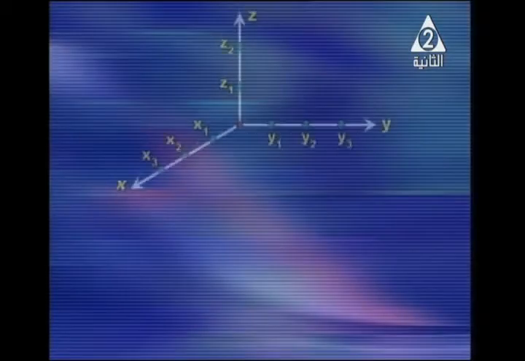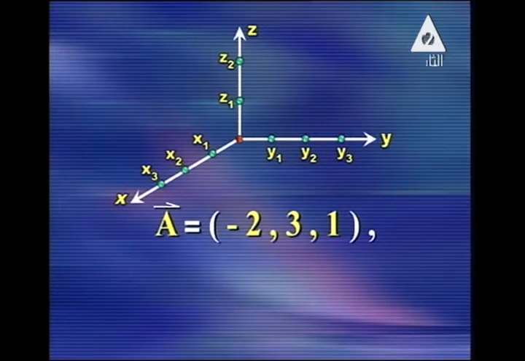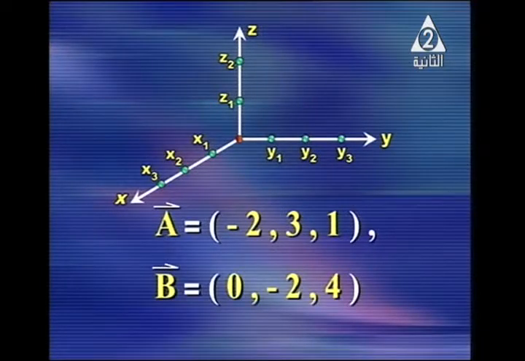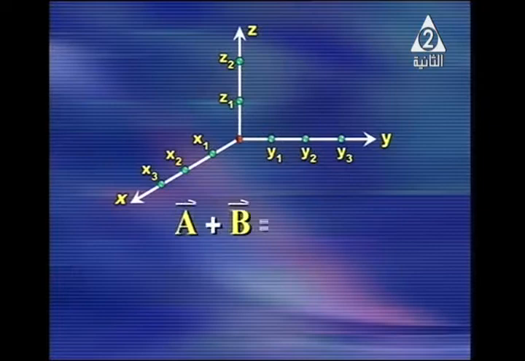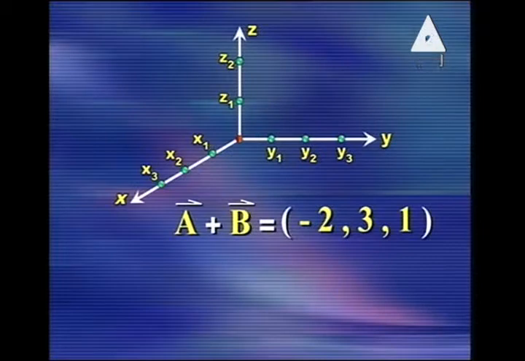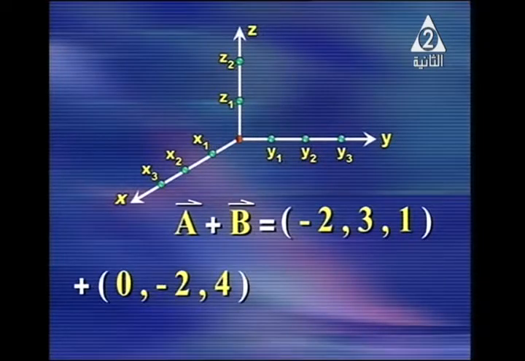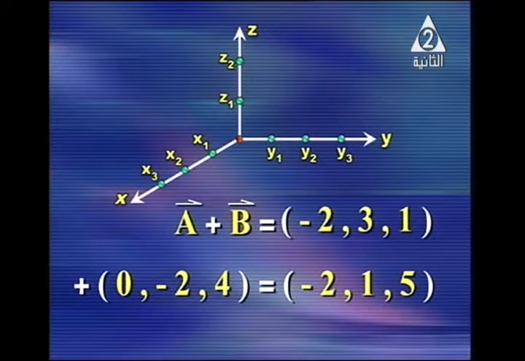Example. Dear student, if we have vector A (-2, 3, 1) and vector B (0, -2, 4), then when we add A plus B, we add AX with BX, AY with BY, and AZ with BZ. Look at the first vector: -2, 3, 1.